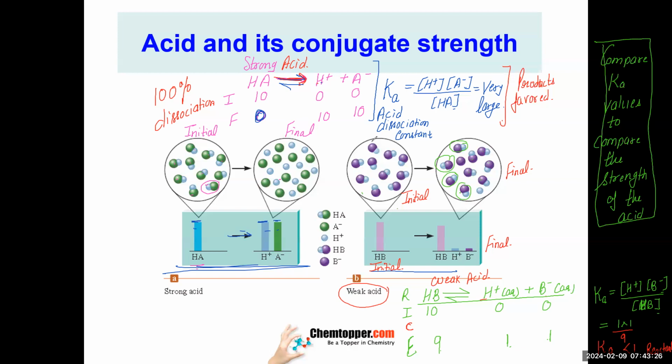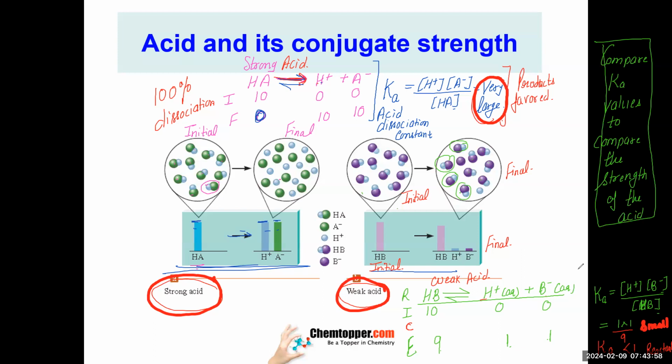You can see that when the acid is a strong acid, we said Ka is very large. Please follow my pen. Strong acid, Ka is very large. Weak acid, Ka is very small, right? So it means I can compare the Ka values to know which one is strong and which one is weak.